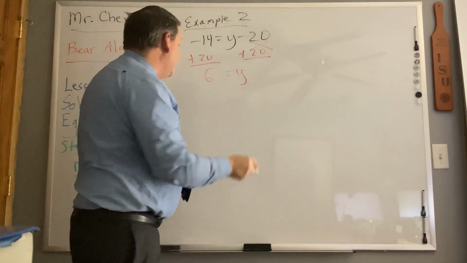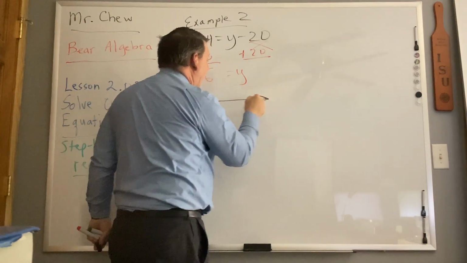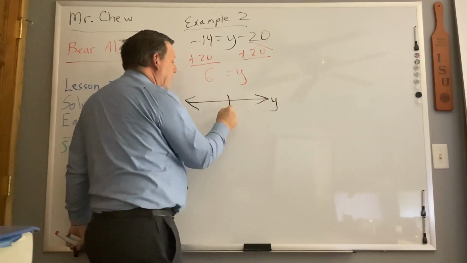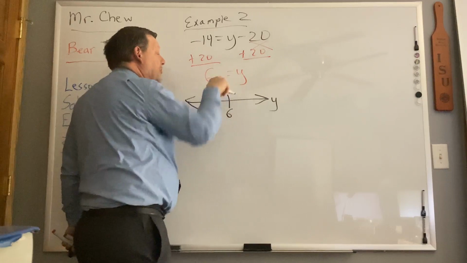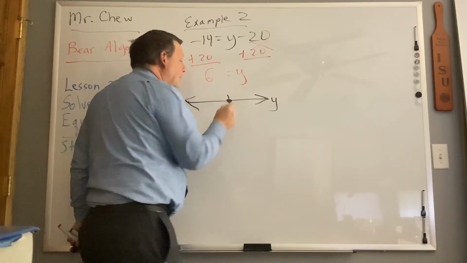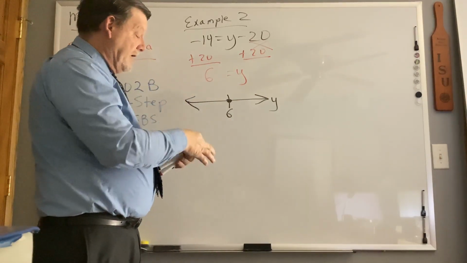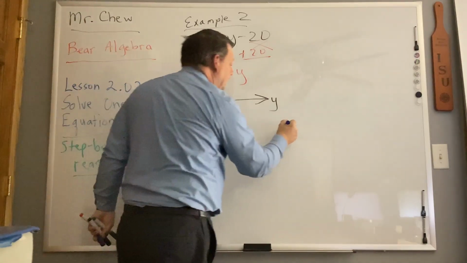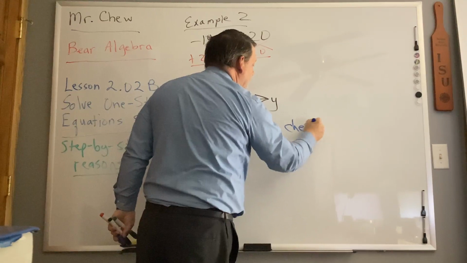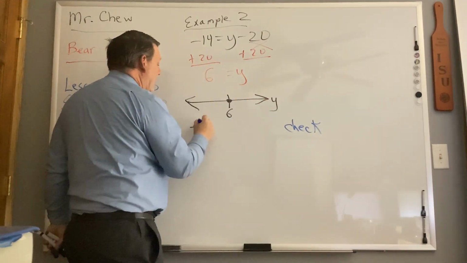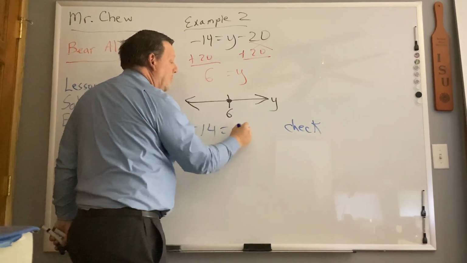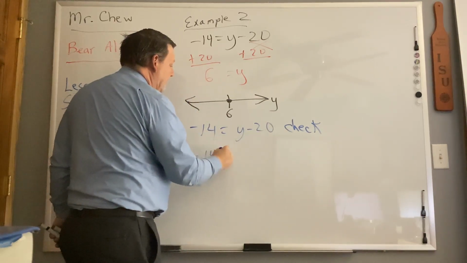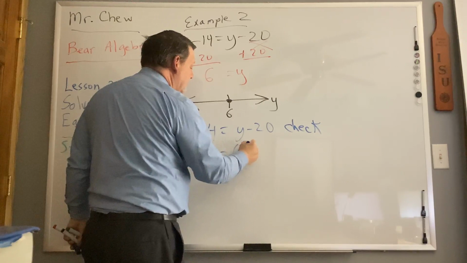So that's the solution step by step. If they ask you to graph it, now we're graphing y's. We're looking at the number 6, and does the number 6 work? Yes. Now let's prove that that's true by checking it. On the check, we're going to rewrite the original. We're going to substitute my value in.